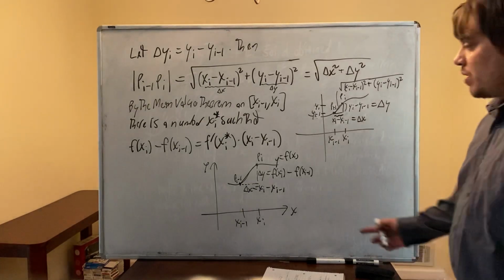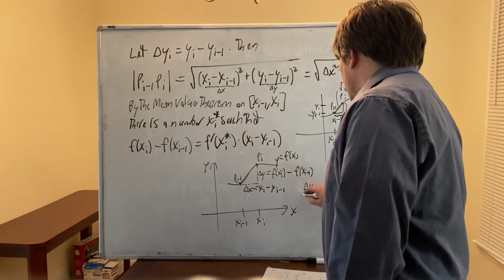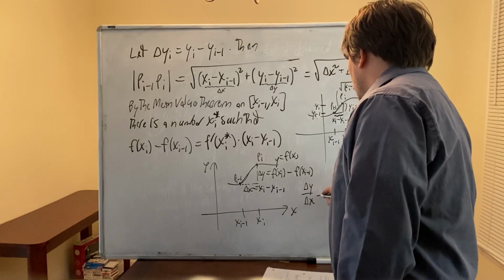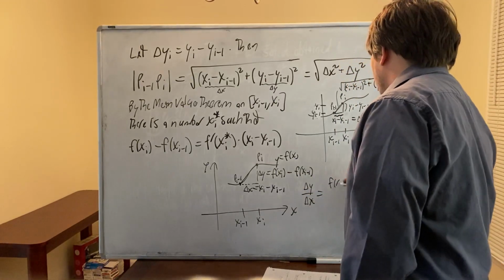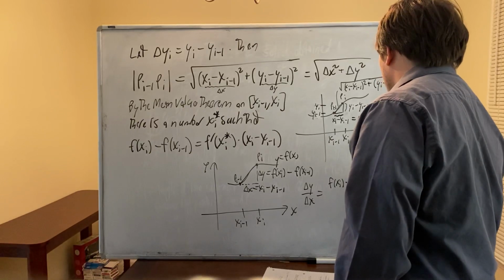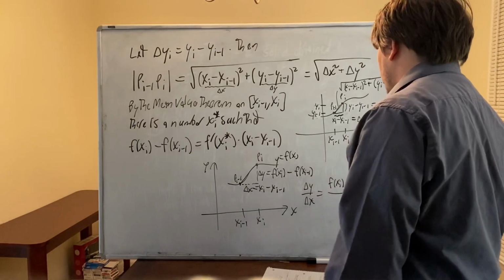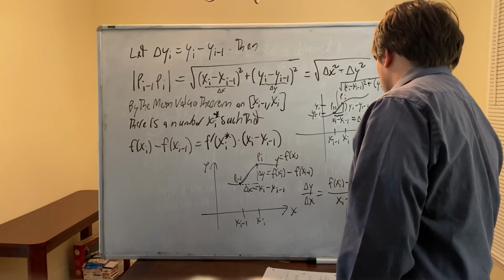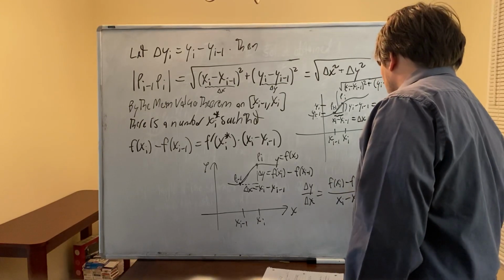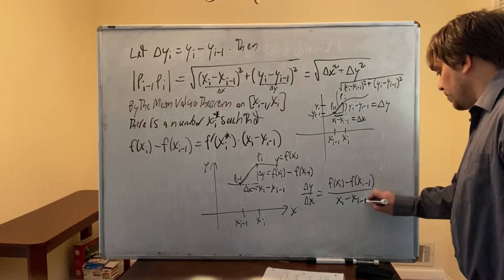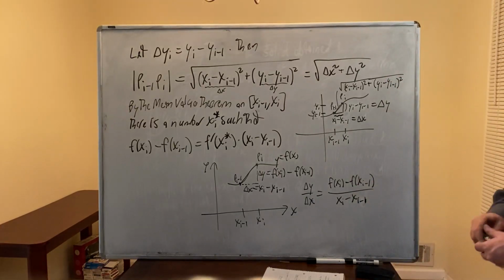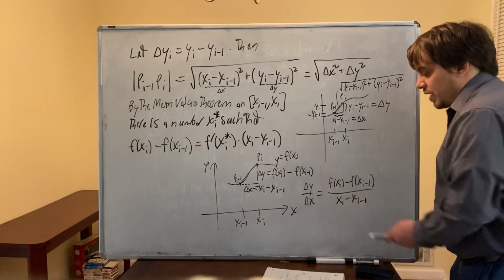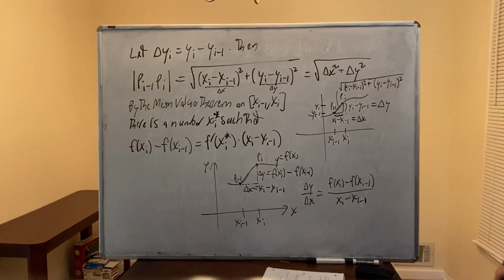And so delta y over delta x here would be equal to f of x sub i minus f of x sub i minus 1 over x sub i minus x sub i minus 1. Okay, so delta y over delta x is equal to this difference over that difference. And so that's the slope.